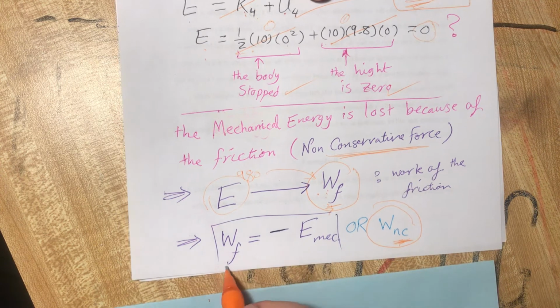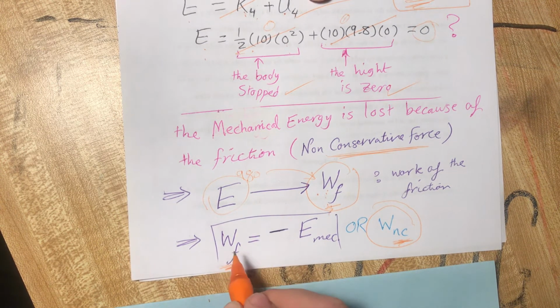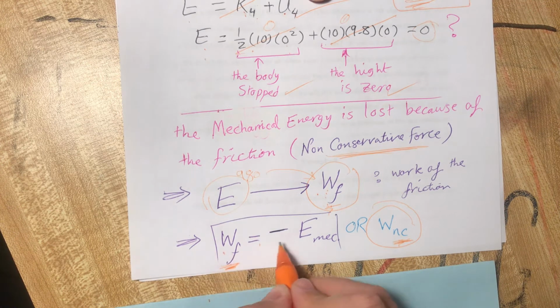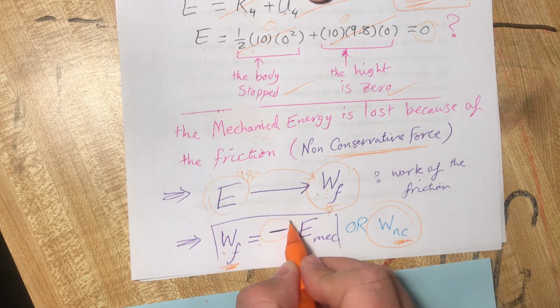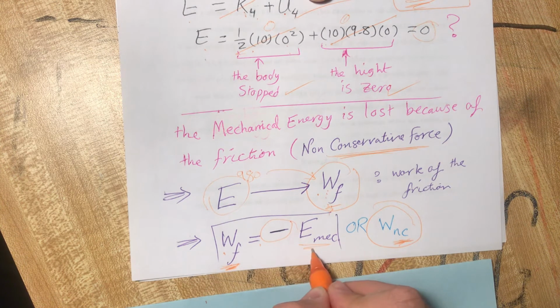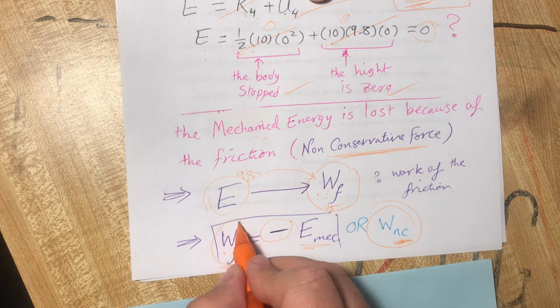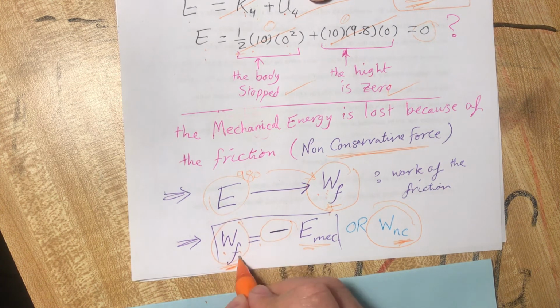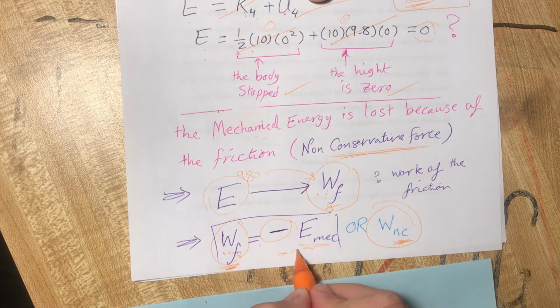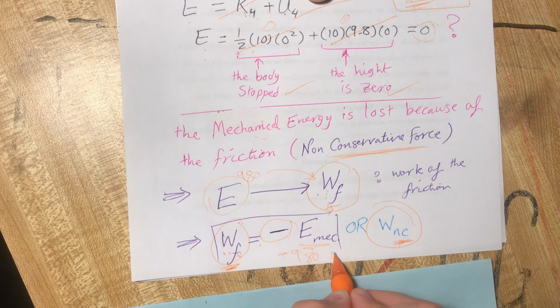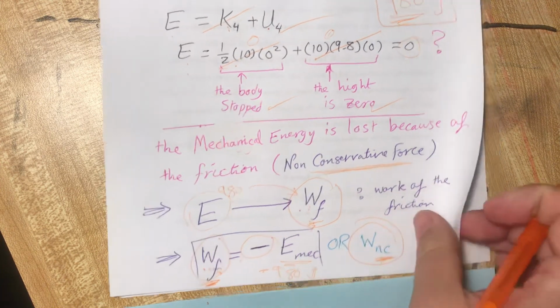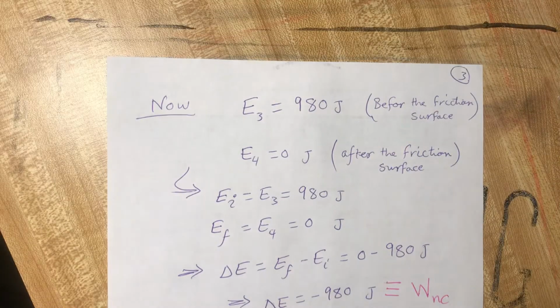So our friction force work is equal to the negative value of the magnitude of the mechanical energy. So our friction force or non-conservative forces work is equal to negative 980 joules. We will see how we can find that.